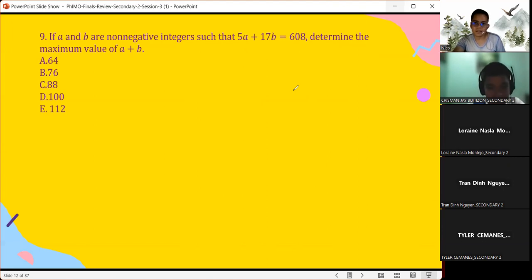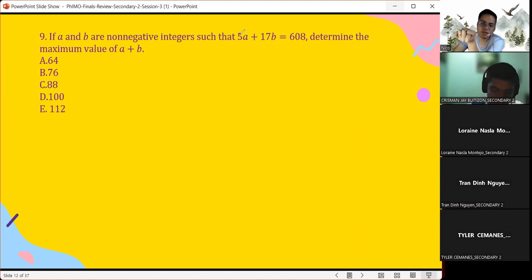Right? Because if you're going to increase the value of b here, the multiple for that is very big because it's 17. Now, if you minimize the b and maximize the a, there will be less increase in value because the value for 5a here is very small.